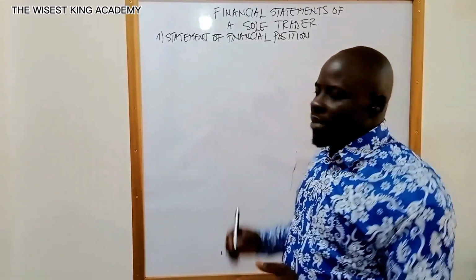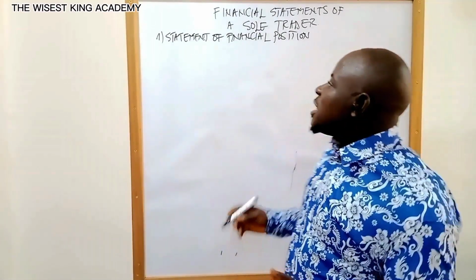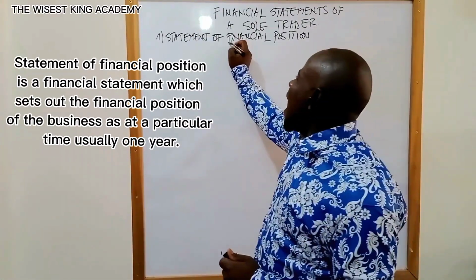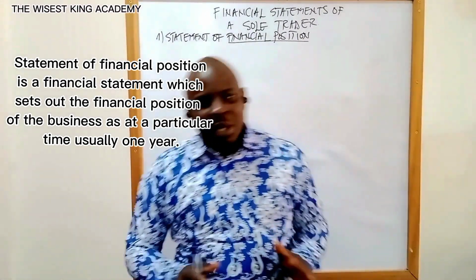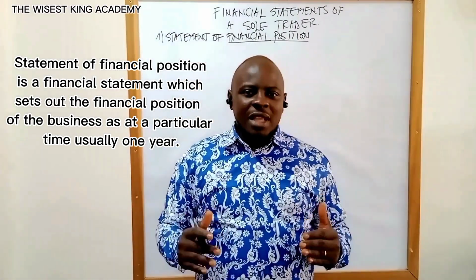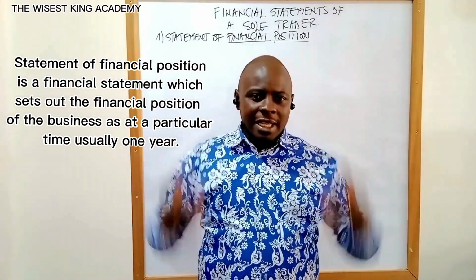Now, what is a statement of financial position? This is a financial statement that sets out the financial position of a business after a particular period of time, usually 1 year.